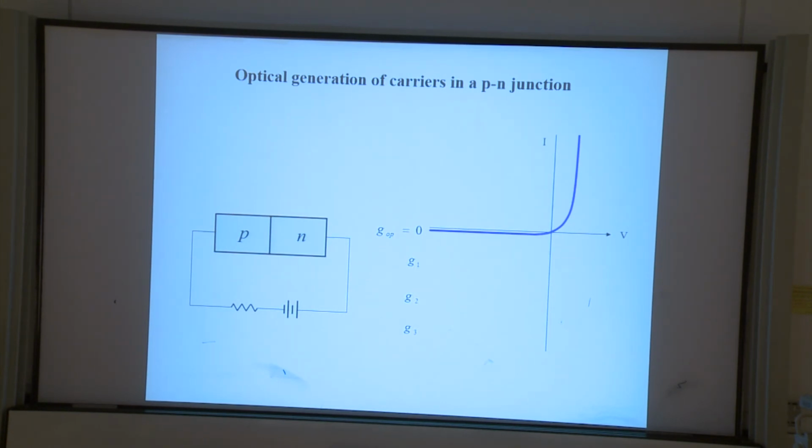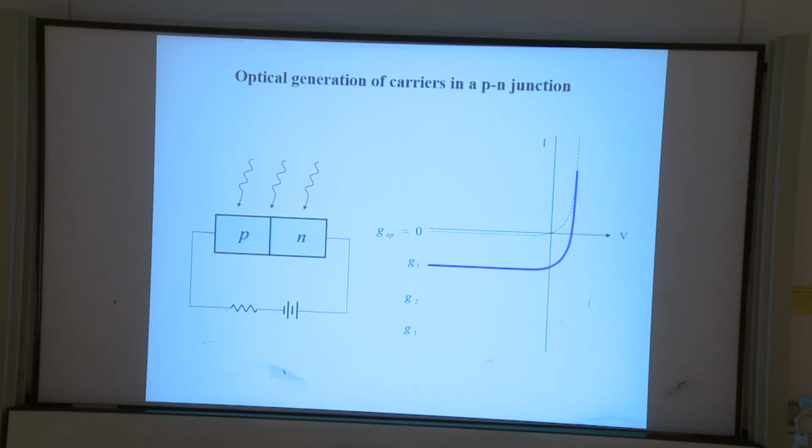Now, when the PN junction is illuminated, what will be the direction of the curve movement, the offset? Going down, right? And this curve is a function of the optical generation. So if the light increases, it will go down more. It's very straightforward. It's really going down, not going up.